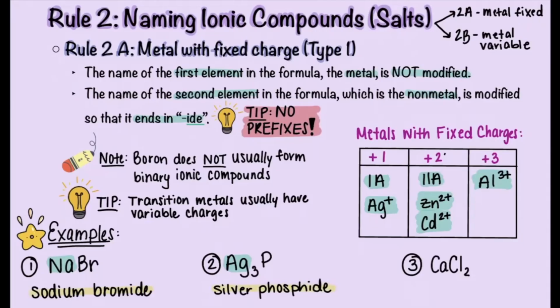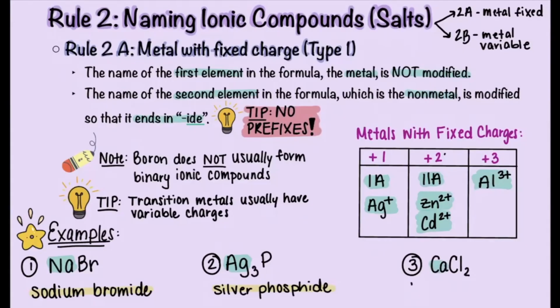Again, no prefixes. Number 3, CaCl2. Calcium's a metal, chlorine's a nonmetal, so it's ionic. So we're going to use Rule 2. Does calcium have a fixed or a variable charge? Well, calcium is in group 2A of the periodic table and likes to have a fixed charge of +2. So it's a fixed charge.